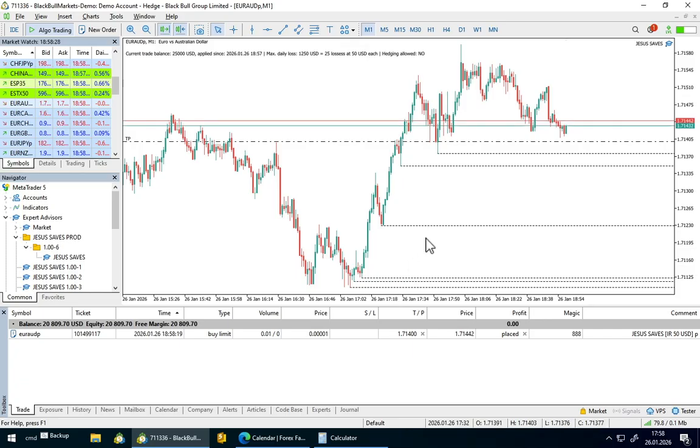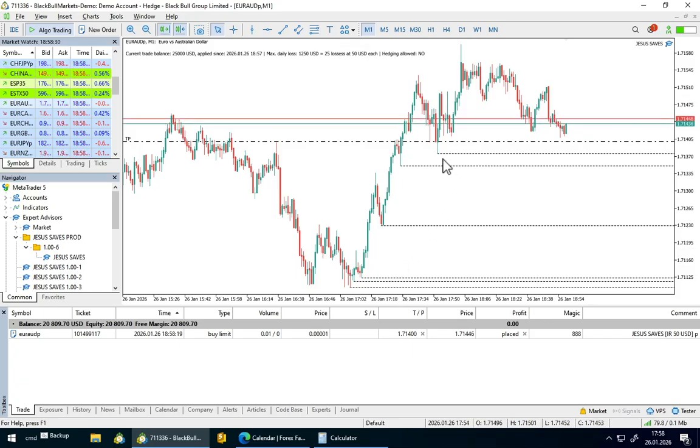And then you see here these lines, dashed lines, are levels. And a level is defined by a valley in this case. You can make sells as well, but I show it to you with buys.